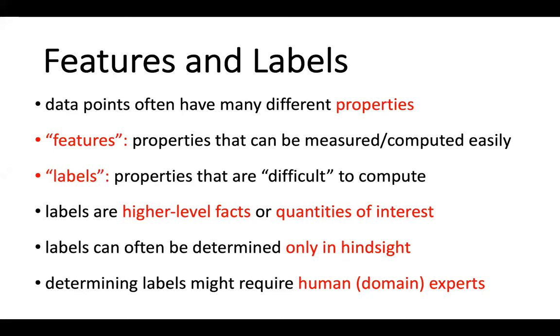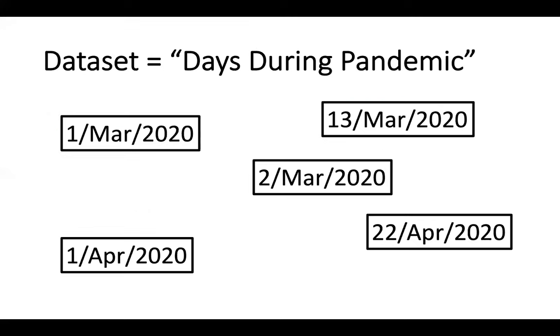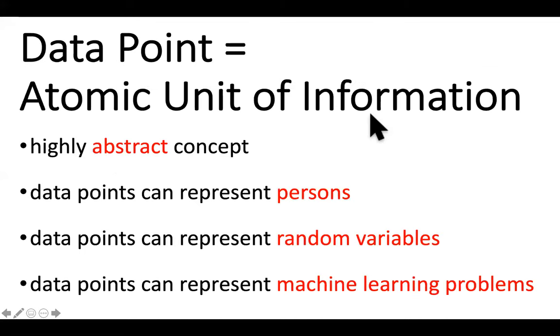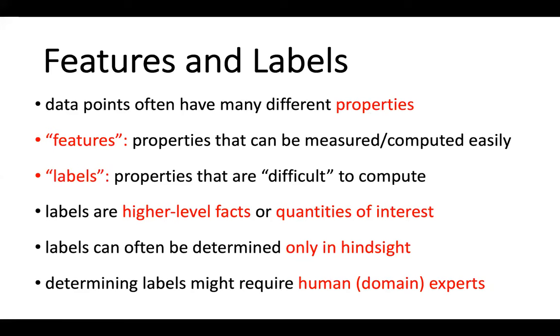As I said, a data point is something highly abstract, and you typically can never grasp a data point completely. For example, when we use one day during a pandemic as a data point, then this data point in principle contains every piece of information corresponding to that day. And every information in the extreme case means all the states of all molecules or all atoms in the universe.